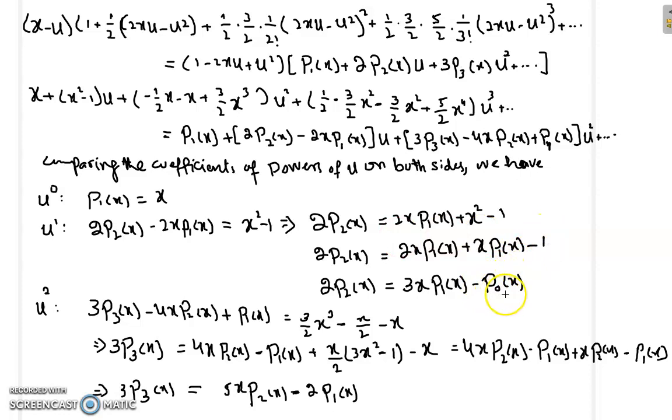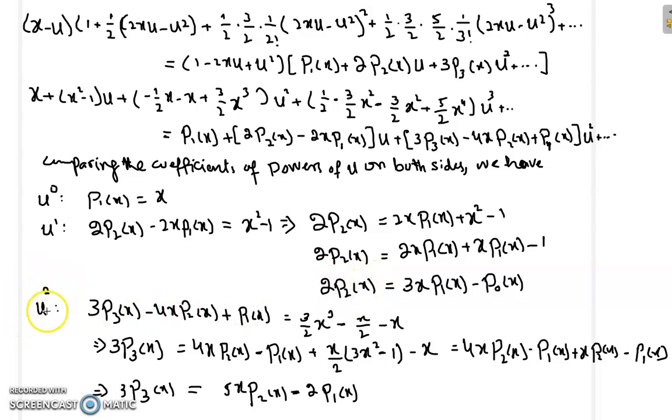And as we know that the Legendre polynomial of 0 degree is 1, we have replaced this as p0, and this is added. So 3x p1 minus p0 is equal to 2 times p2 of x.